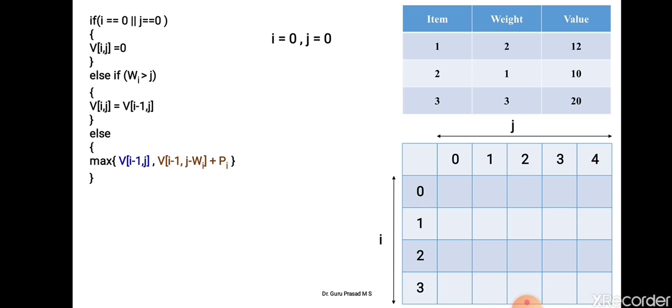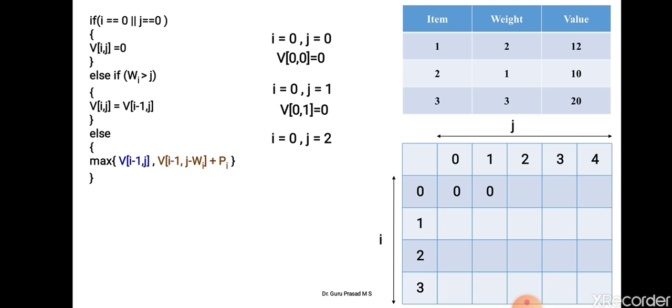First cell, i equal to 0, j equal to 0. The if condition holds, since either i or j equals 0, so V of 0, 0 is 0. Next, i equal to 0, j equal to 1. The i value is 0, so V of 0, 1 equals 0.